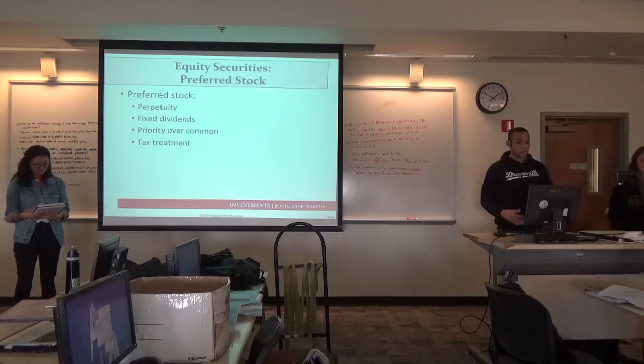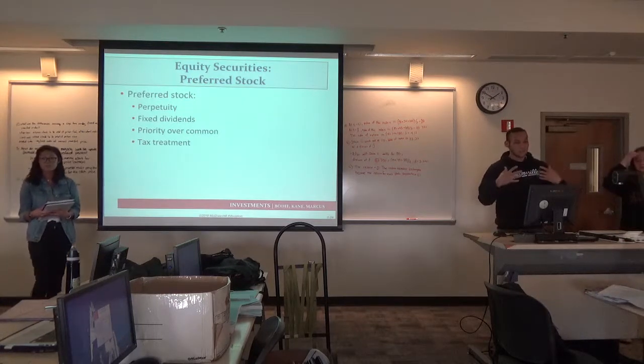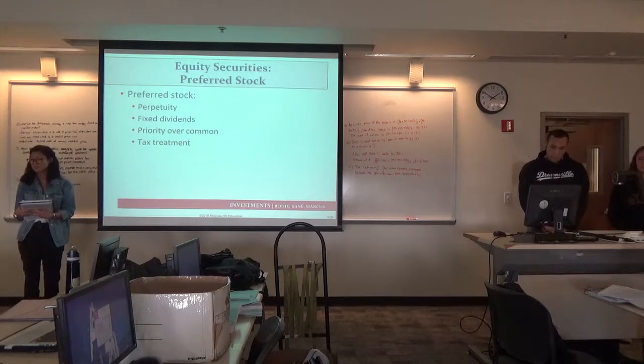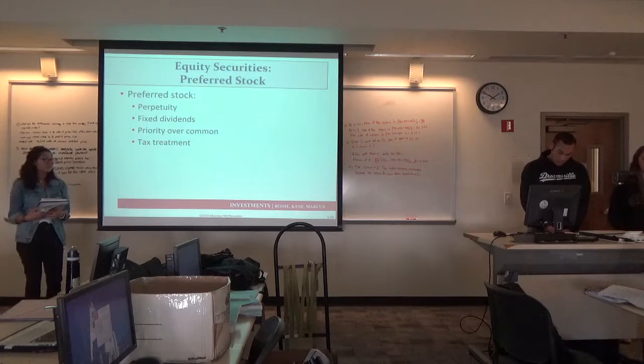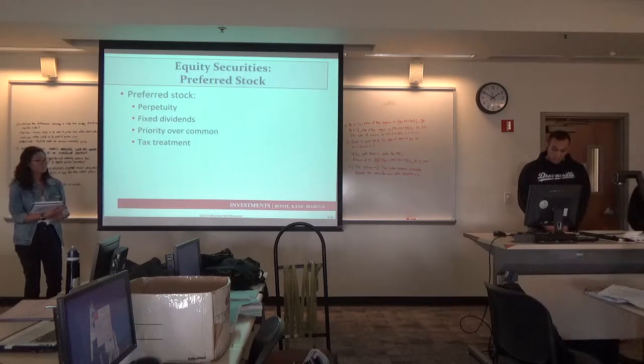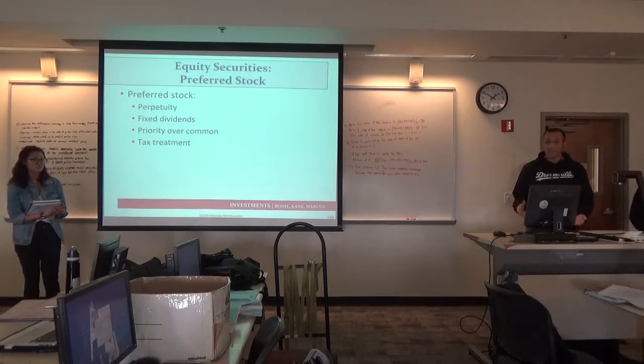You get priority over common, which means you're usually about second in the ladder, so you're going to get paid a little sooner than most. As well, with preferred stock you have better tax treatment. Earnings are taxed lower than normal. It's actually no tax if you're in the ordinary bracket, which is about 15% and below. Most people are in the 15% bracket, and the highest bracket gets taxed the most, which is at 20%.